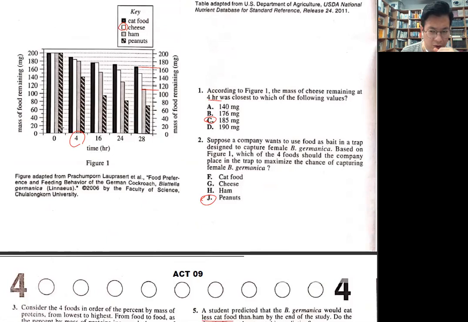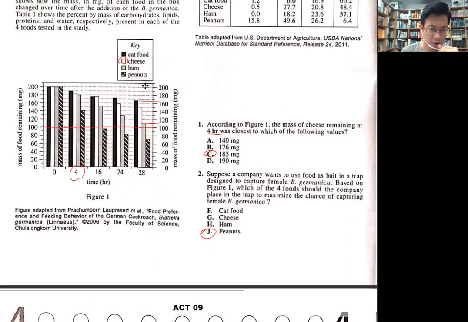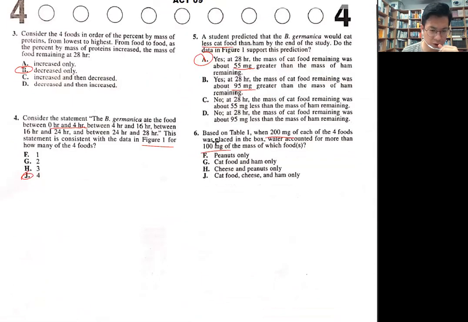So 100 or more is cat food, cheese, ham. Peanut, no. Cat food, ham. Cheese, peanut, no. Cat food, cheese, ham only.